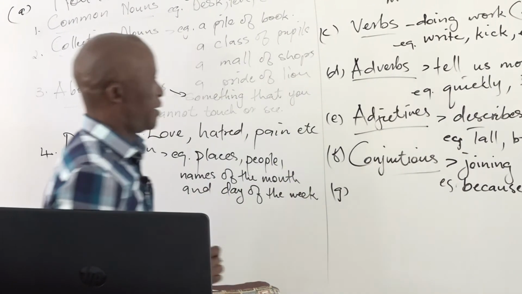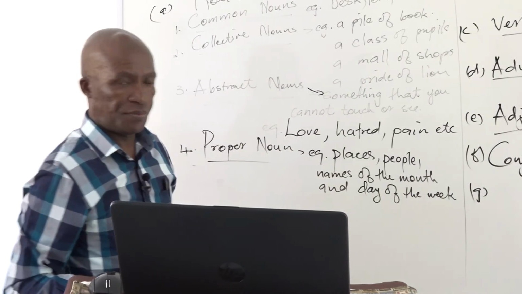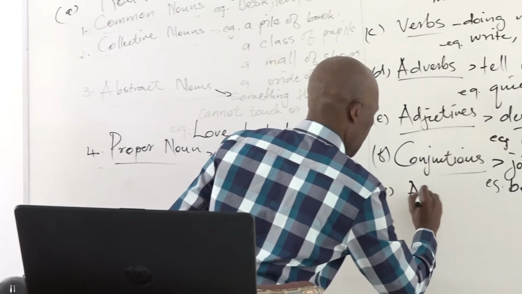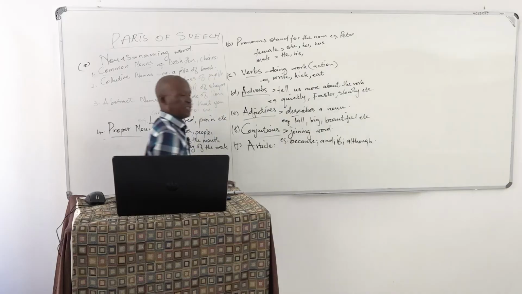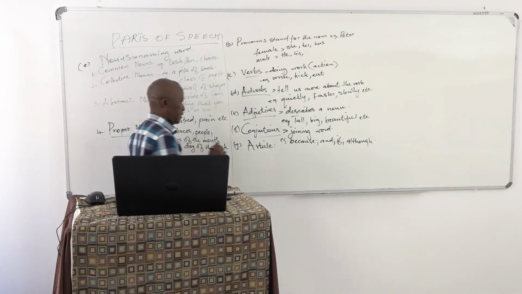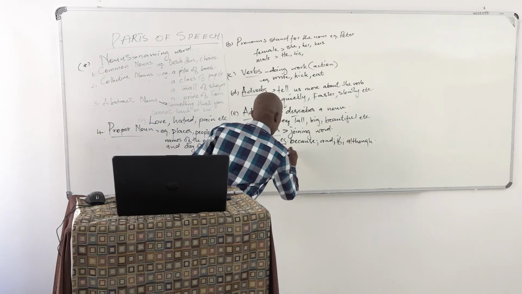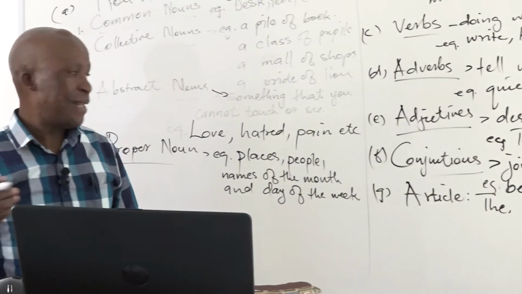Now we go to the next part of speech. Under parts of speech, we've got articles. An article. Examples of articles are a, an, and the. Let's start with the. They normally start the sentence together with the noun.